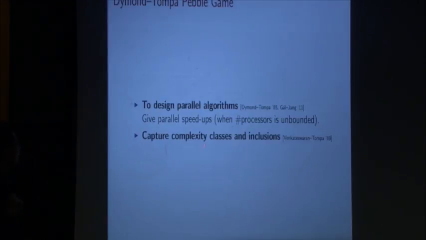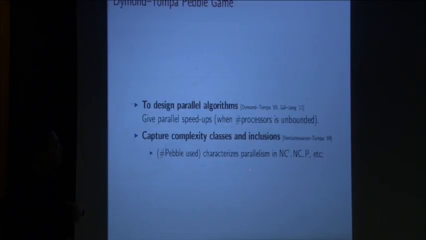And it turns out that a slight variant of this Pebble game exactly captures different complexity classes and inclusions, in the sense that the number of pebbles used in that variant characterizes the parallelism in NC1, NC, and P. If you use log n squared pebbles in the Pebble game, that corresponds to NC2. If you use a polynomial number of pebbles, it corresponds to P.